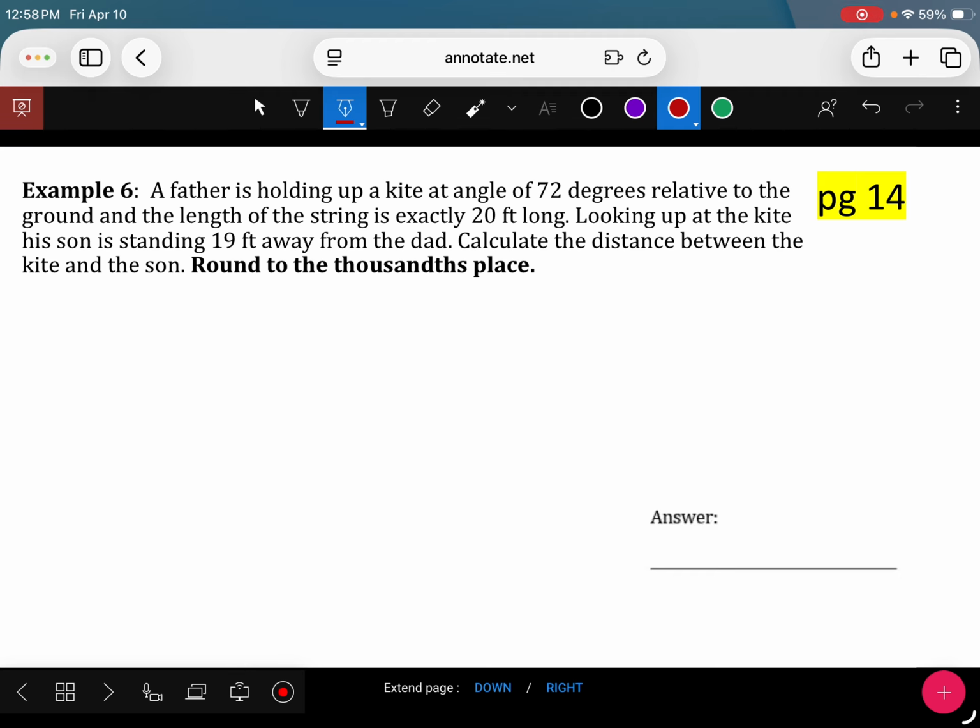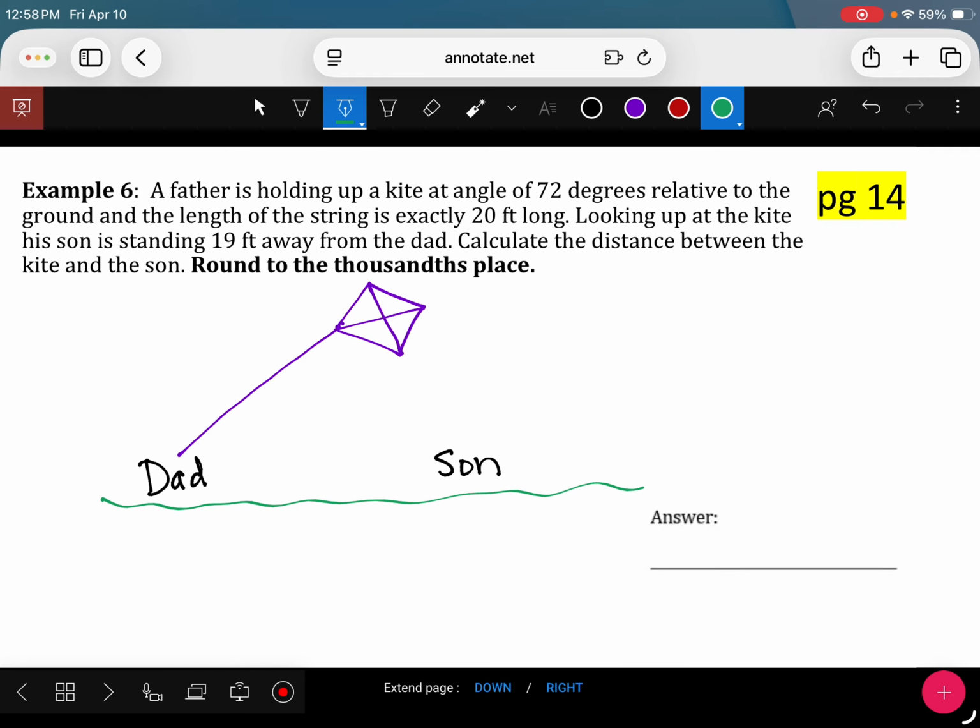Okay. So I'm not going to try to draw dad. I'm just going to say dad and son. And the dad has a string attached to a kite. And the angle formed, again, is relative to the ground. So this is my ground, my little nice green grass. That angle is 72 degrees.